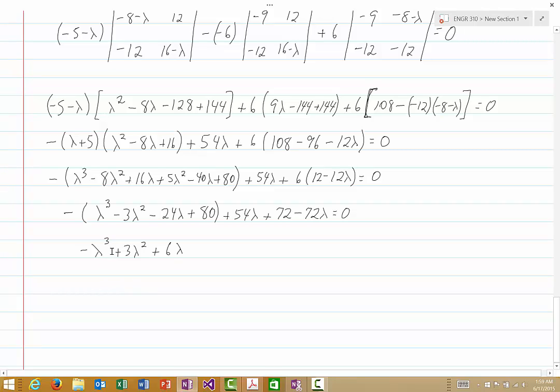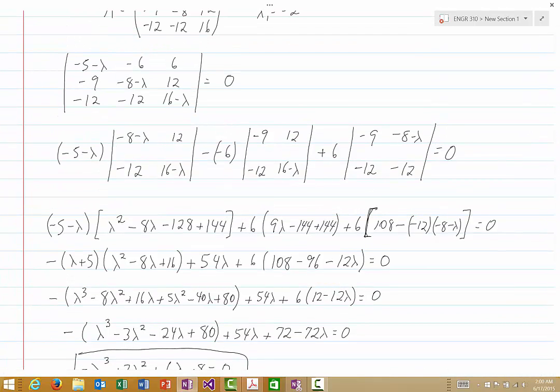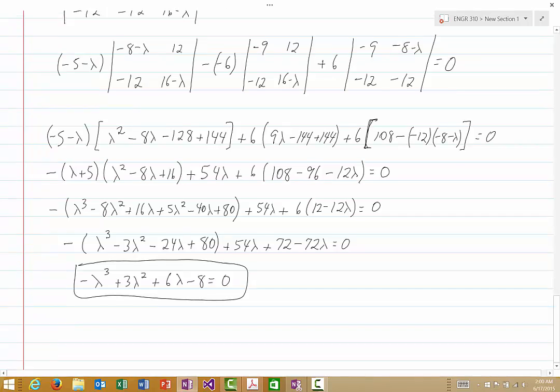And then finally, we have minus 80 and positive 72, so that's minus 8 equals 0. So unless we have made an error, this is the characteristic equation for this matrix. Now remember that we were given a hint here, which is lambda 1 equals negative 2.